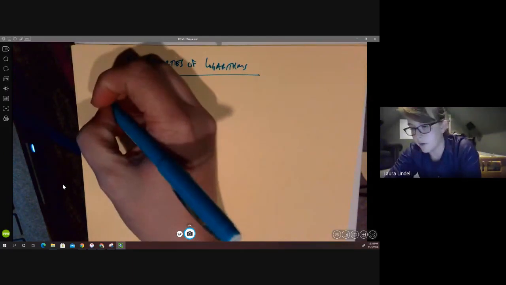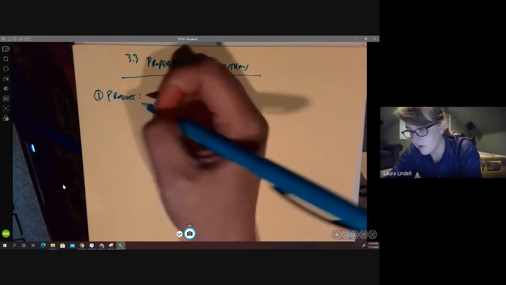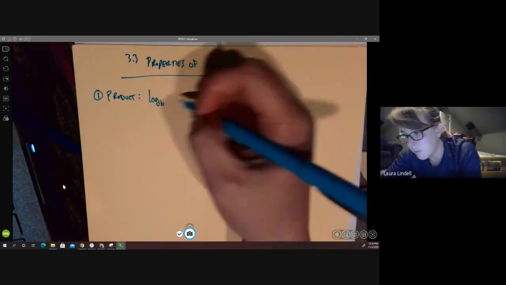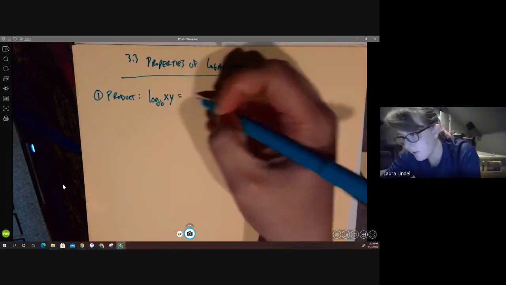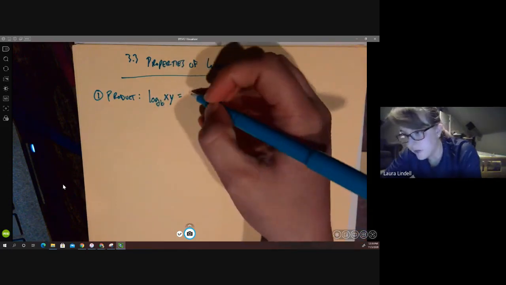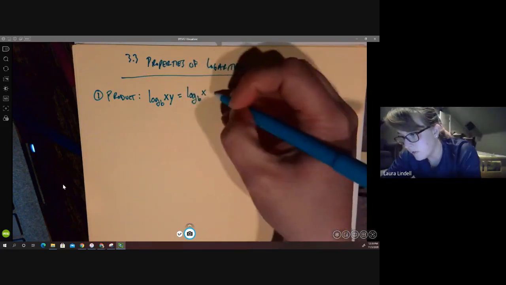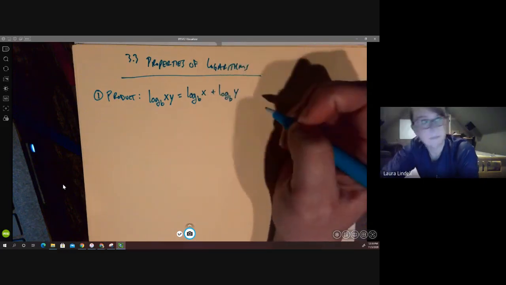So the first one, product property. The product property says, if you have some log with a base of b of x times y, that you can split up into addition. Log b of x plus log base b of y.